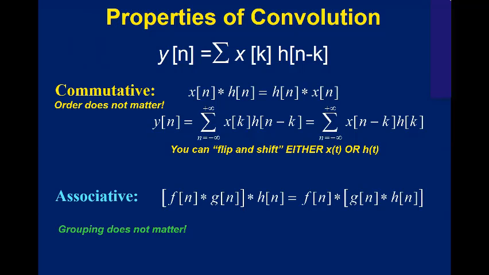Convolution is also an associative operation, which, if you remember, implies the way we do groupings of multiple operations doesn't matter. We get the same result. Mathematically, if I was convolving a function f with another function g, took the result of that convolution and convolved it with a third function h, I'll get exactly the same answer as if I first convolved the g and h functions, took that result and convolved it with f.